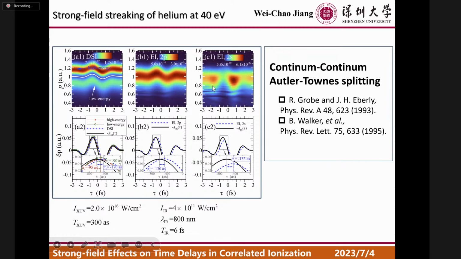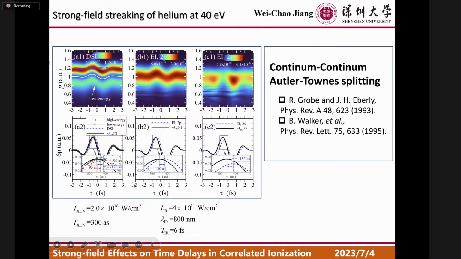These are the streaking spectra for different channels at a large XUV laser intensity. This is the direct sequential channel. This is the ER channel to the 2p state. This is the ER channel to the 2s state.